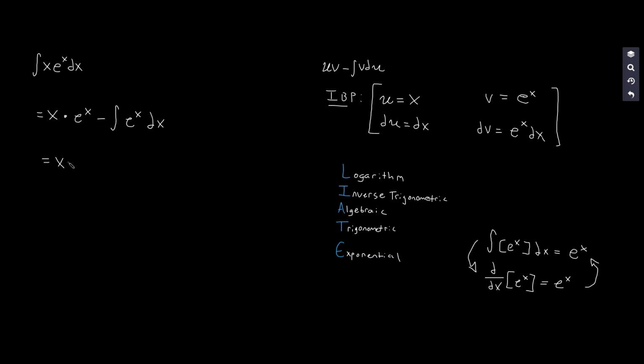So that becomes x times e raised to the power of x minus the integral of e raised to the power of x, which is just e raised to the power of x. Of course, we have to put our plus c at the very end there. And that's our answer.